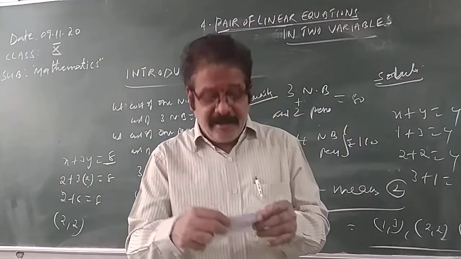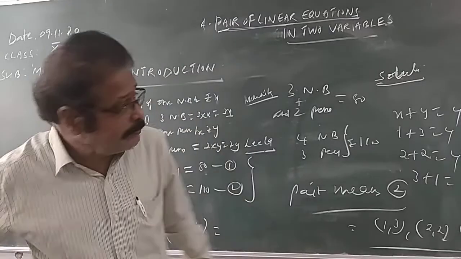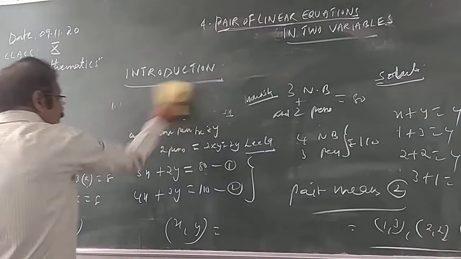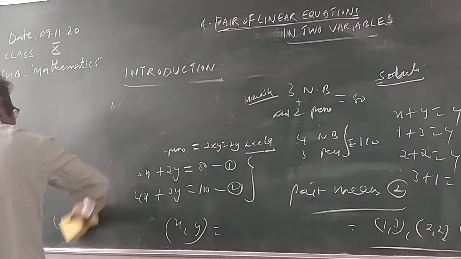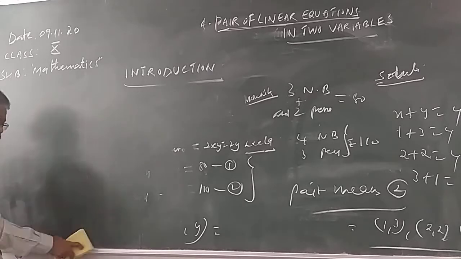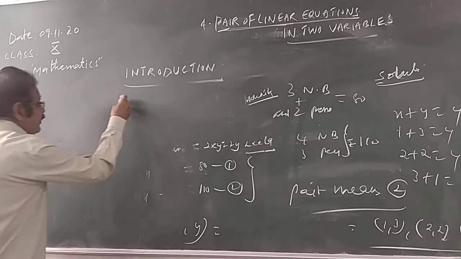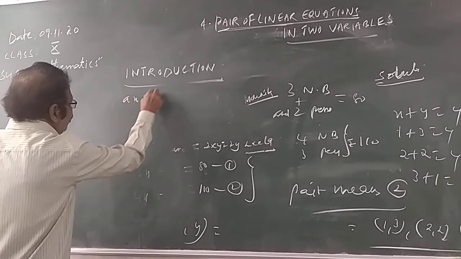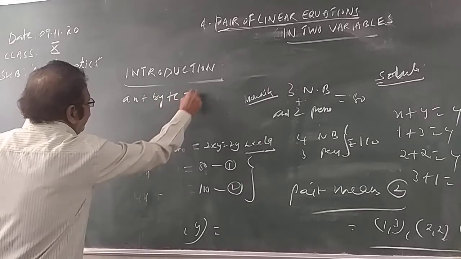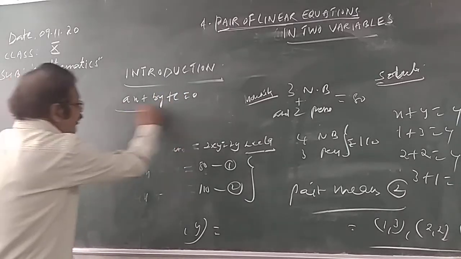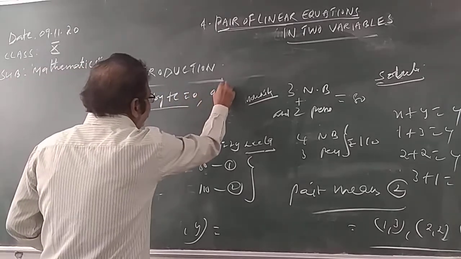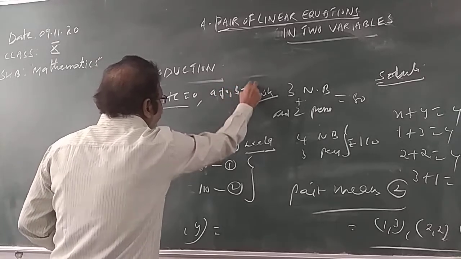So, in general, an equation of the form ax plus by plus c equals 0. What is the general form of a linear equation in 2 variables? Ax plus by plus c equal to 0, where a is not equal to 0, b is not equal to 0.